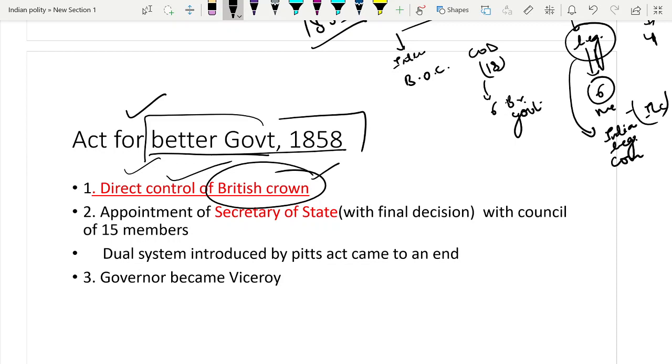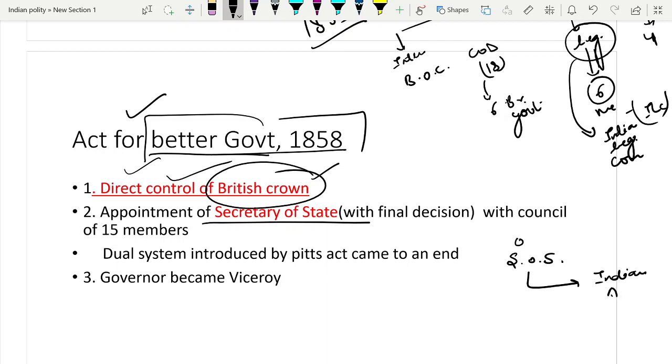So one thing was this one, and the second thing was that the post of Secretary of State was created. So this was SOS, Secretary of State. Now he will be responsible for all the Indian affairs.